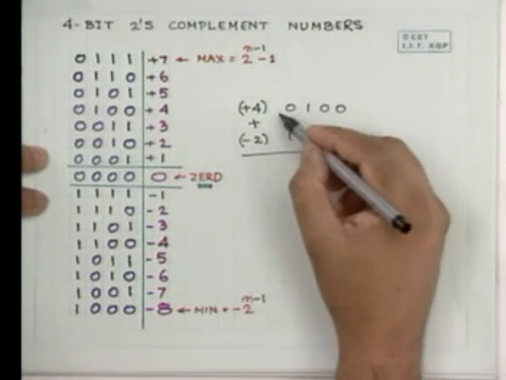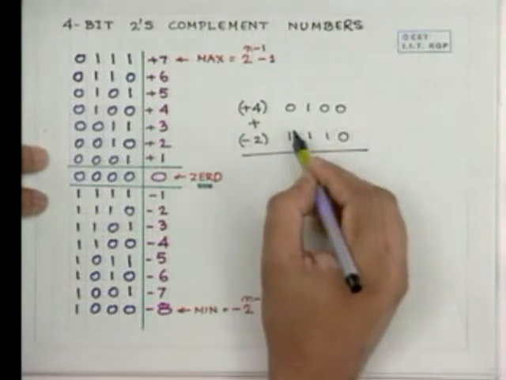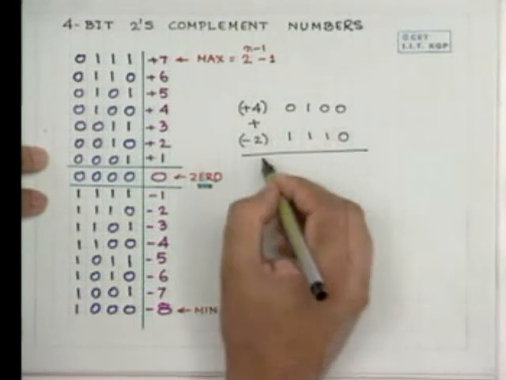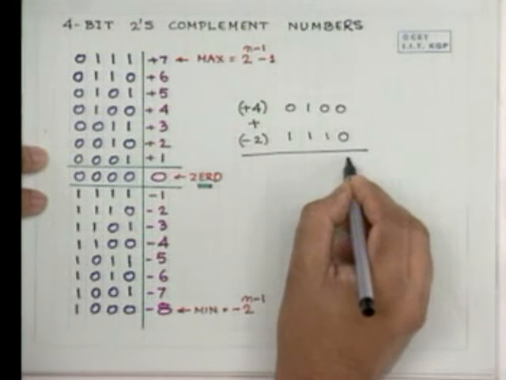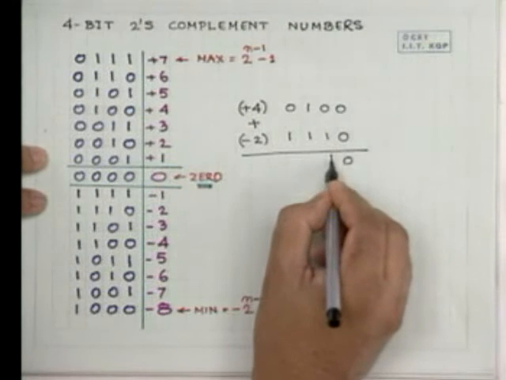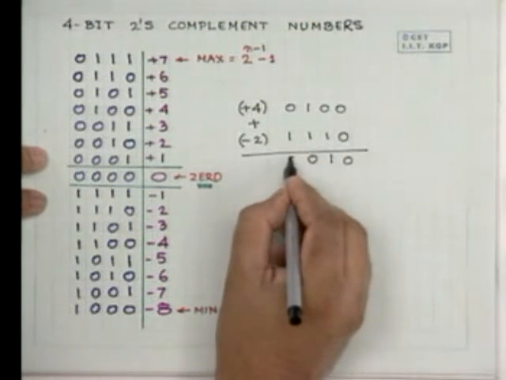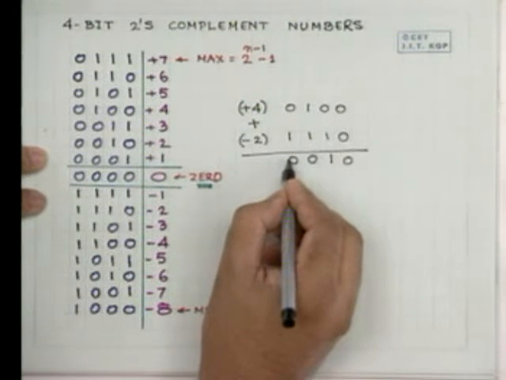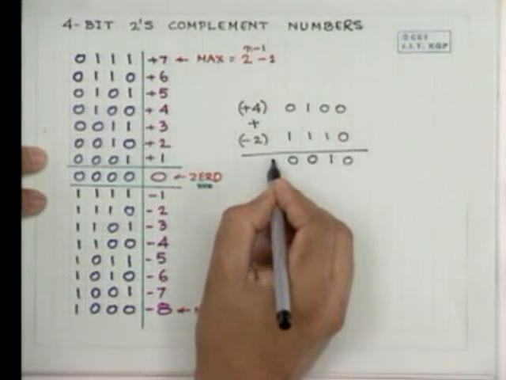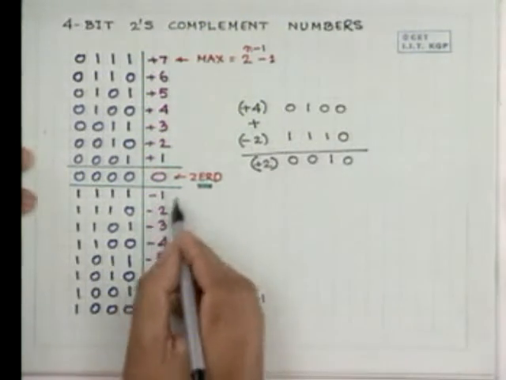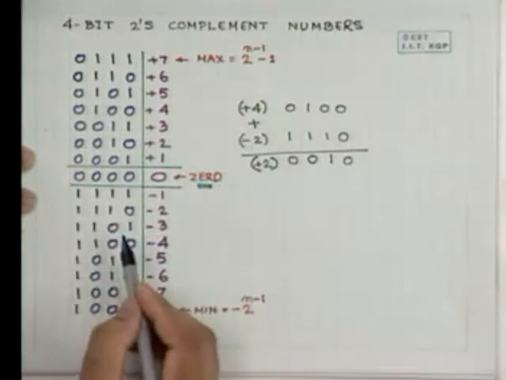Now, you see, instead of looking at anything, you simply can add these two representations to get the result. For example, you simply add 0, 1, 0, and this will be 0. There will be a carry out of this bit, okay, which we ignore, and this you can see is a representation of plus 2 in our 2's complement representation.